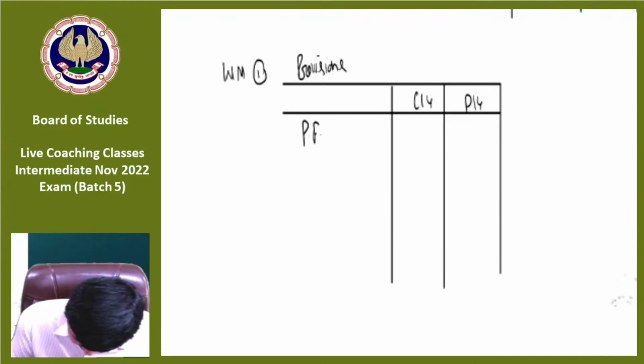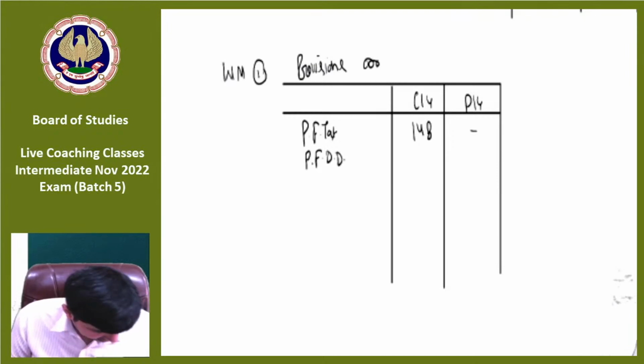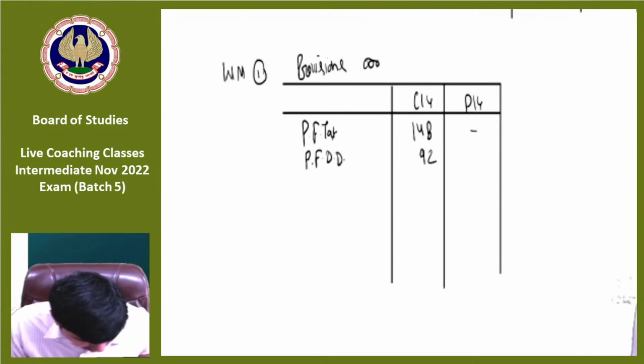Provision for tax, that is 148, figures are already in thousand. Past year figure was not given, so we can ignore that. Next, provision for doubtful debts given, those are 92.